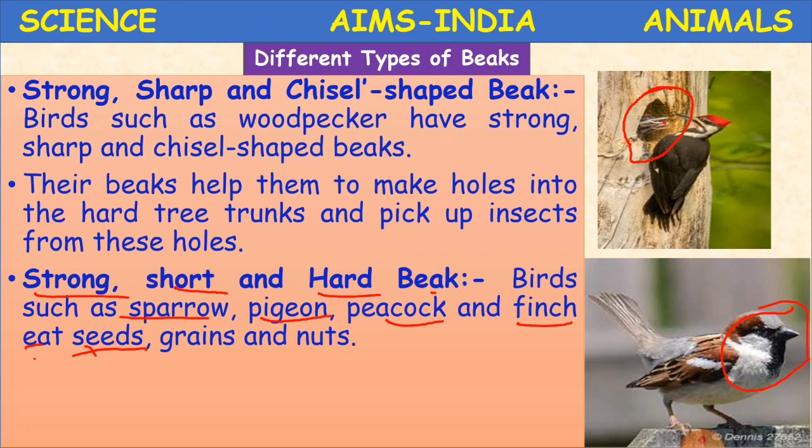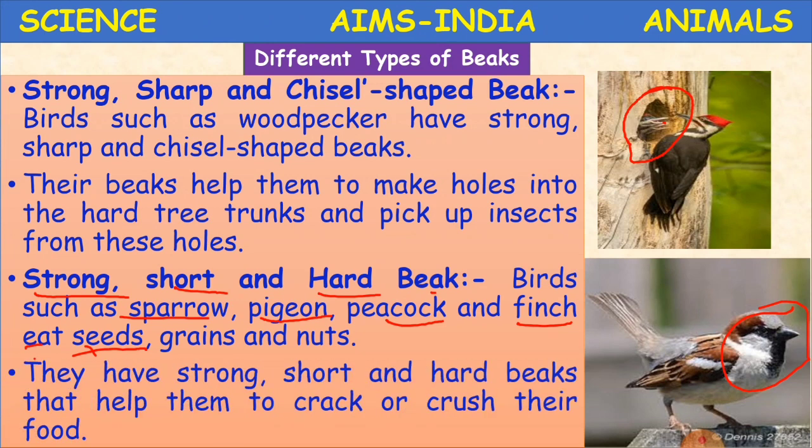Generally, if we have more plants in our compounds, in our front areas, you can see most of the sparrows coming. We throw some grains for them as food. Yes or no? So these birds, as we said, eat seeds, grains and nuts, and they have strong, short and hard beaks that help them to crack or crush their food.